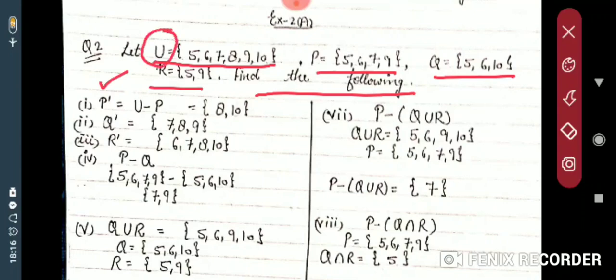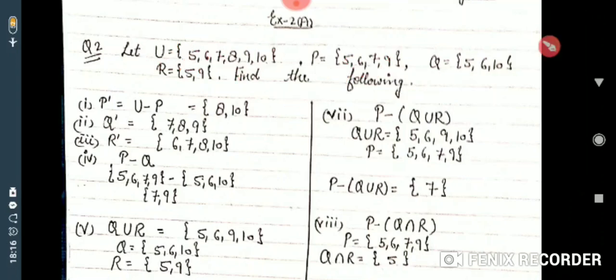The elements of the universal set which are not in P will be P complement. Just see 5 is there, 6 is there, 7 is there, 9 is there. What are the elements that remain? 8 and 10. So P complement will be 8 and 10.